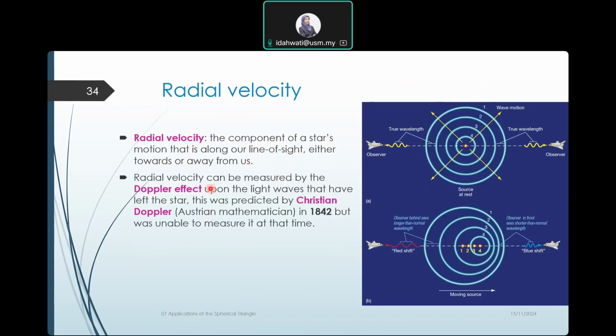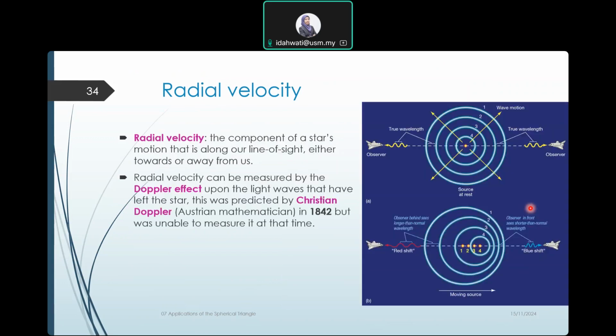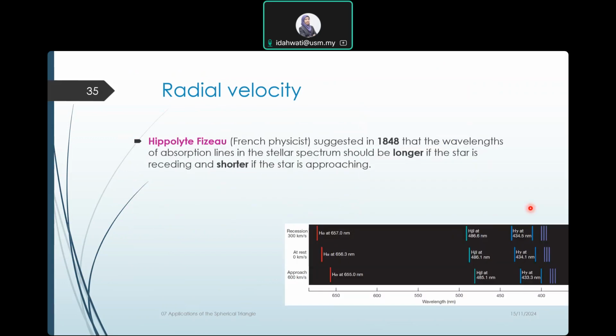This radial velocity can be measured by the Doppler effect upon the light wave that has left the star, which was predicted by Christian Doppler in 1842, but he was unable to measure it at that time, because maybe there was limited information during that time, so they couldn't apply that formula to get the radial velocity.